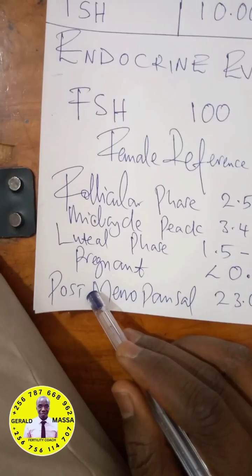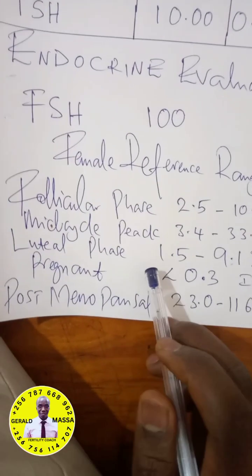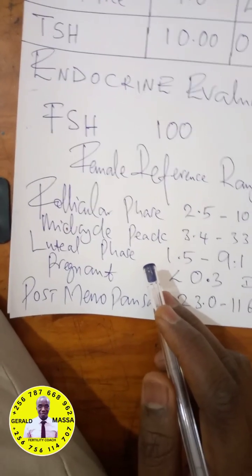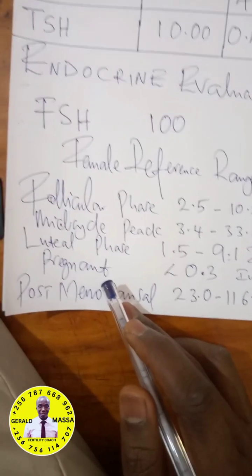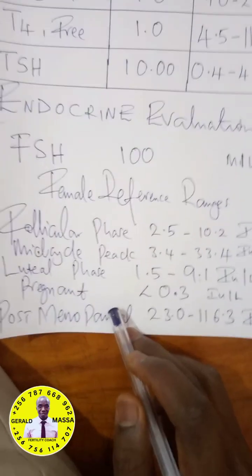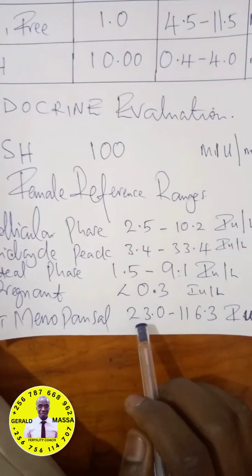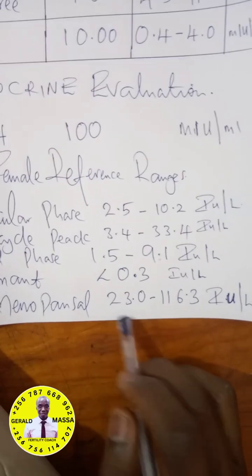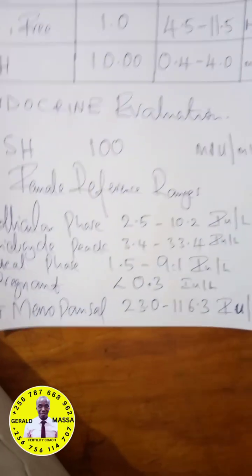If you are in your post-menopausal phase, you have finished menopause, that's around 45 years. In other countries, it could be 50 years, or higher. But if you have finished seeing your periods and have passed menopause, the normal FSH is supposed to be 23 up to 116.3 international units per liter.